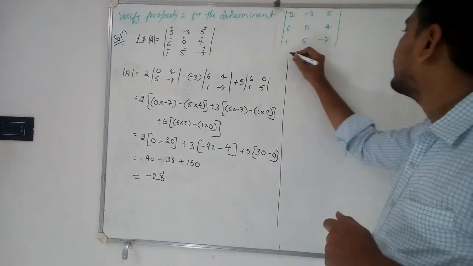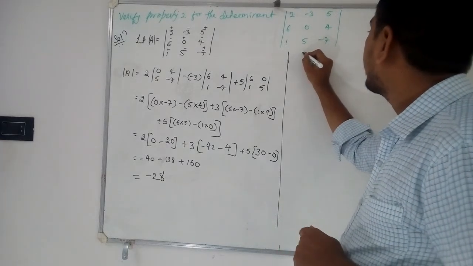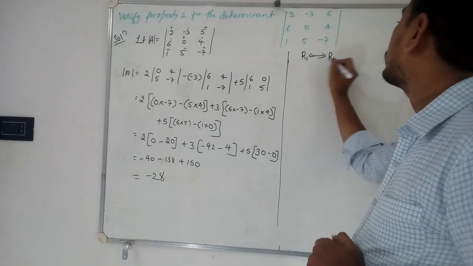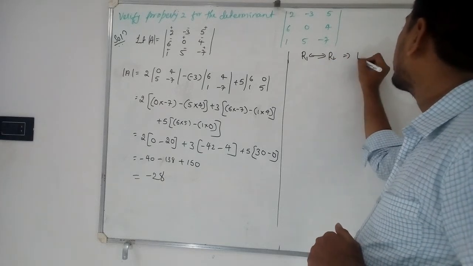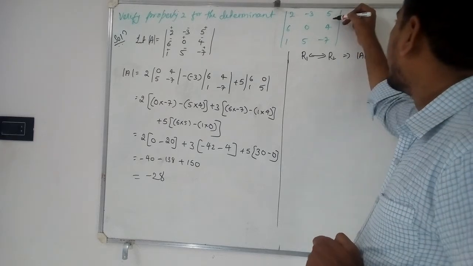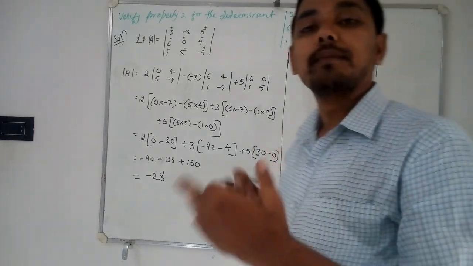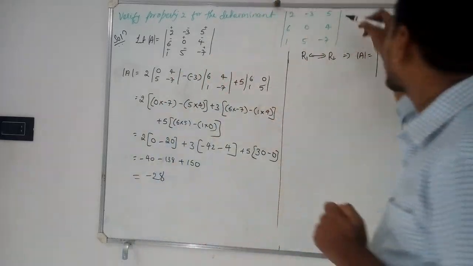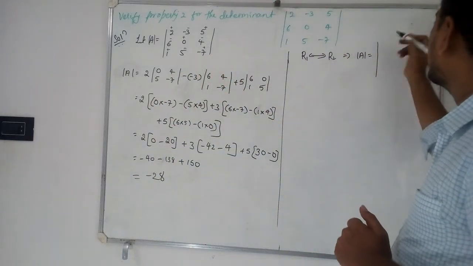So here, let's interchange R1 with R2. Then what will be determinant A? See, R1 with R2 means row 2 becomes row 1 and row 1 becomes row 2. What is my row 2? 6, 0, 4.